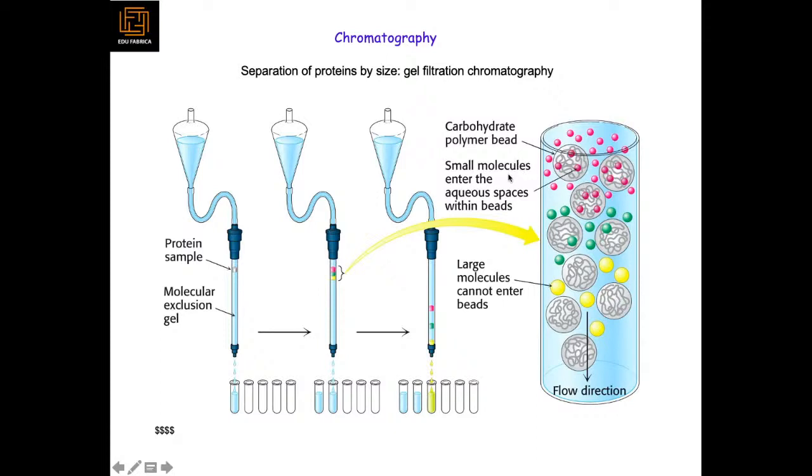Small molecules enter the aqueous spaces within the beads, so they go down slowly, whereas the large molecules cannot enter the beads, so they flow down first. So based on this size, from yellow to green to red, proteins will be separated.